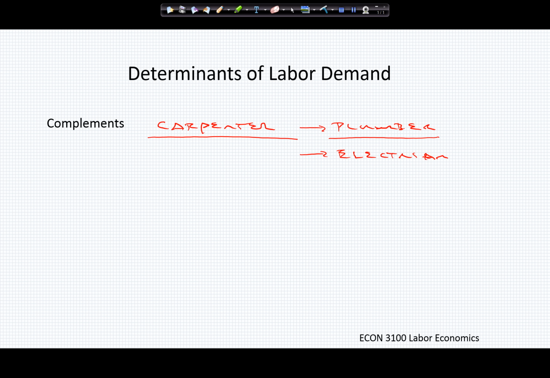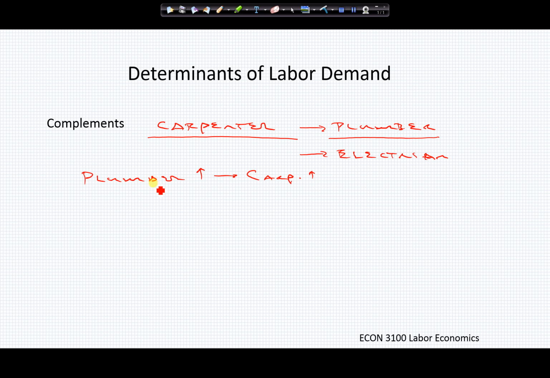So if the quantity of plumbers needed rises, then I think we would expect the quantity of carpenters needed to also rise. Because if we need more plumbers, apparently we're building more homes, we're going to need more carpenters.